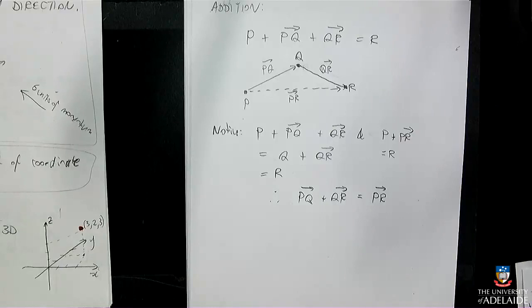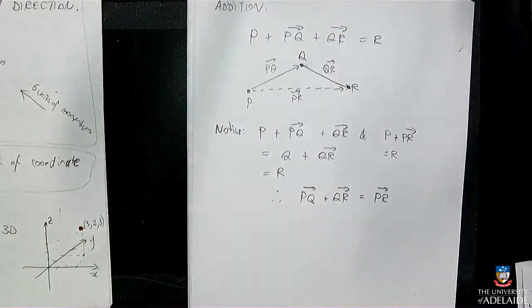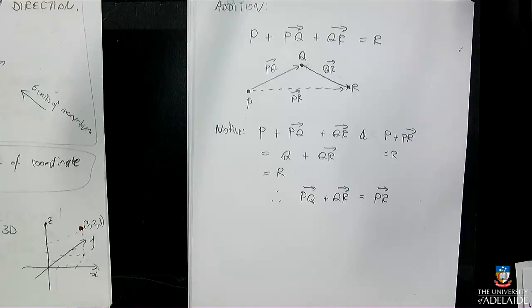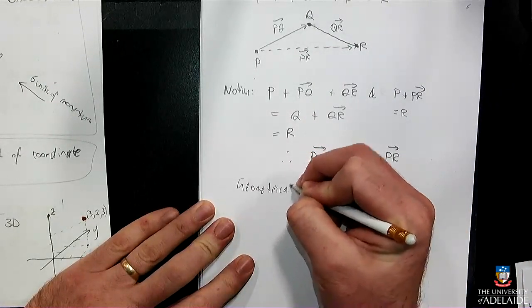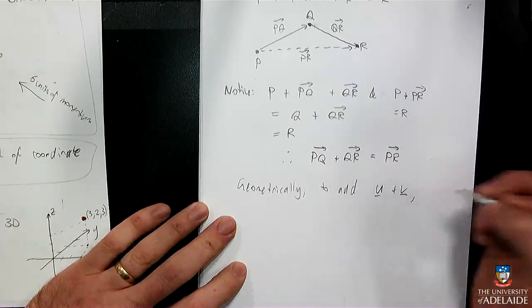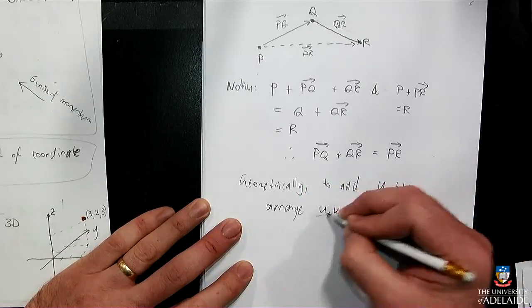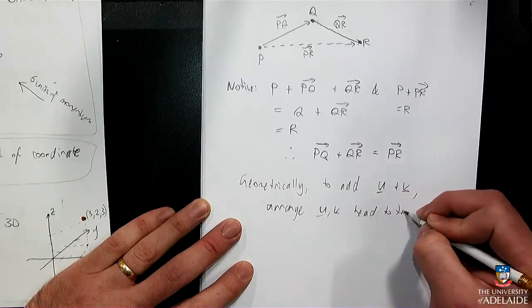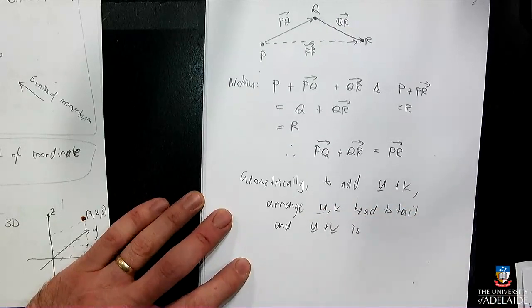And so now I have created a way of adding vectors. If I want to add vectors, I put them nose to tail and figure out the journey that goes direct from one to the other. So geometrically, to add vector u plus vector v, arrange u and v head to tail, and u plus v is the journey from the beginning of u to the end of v.